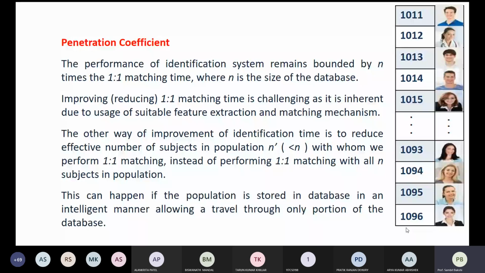So if one 1:1 matching consumes 2 milliseconds, you are doing 86 matchings. It is very difficult to reduce the 1:1 matching time, because that is dependent on your code, and that is the soul of the program. You cannot reduce the 1:1 matching time, but you can always reduce how many times this 1:1 matching will run.